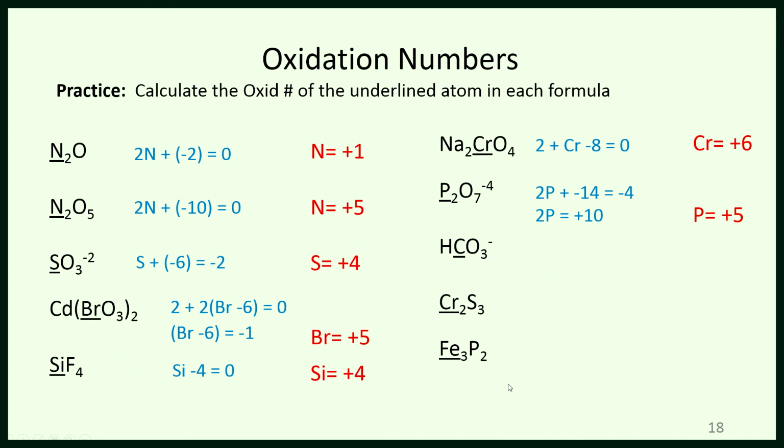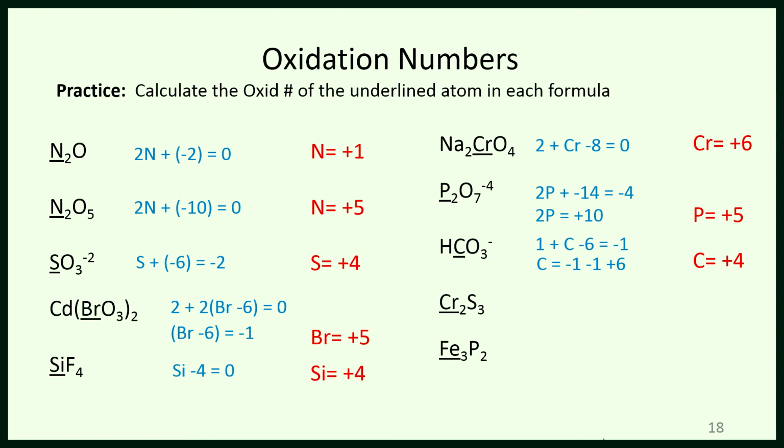Note that in this compound, hydrogen is the least electronegative element. It will use its positive oxidation state of +1. So I would write +1 for the hydrogen, plus the oxidation state of carbon, minus 6 for the 3 oxygens, equals -1 total charge. Rearranging for carbon, I find its oxidation number is +4.